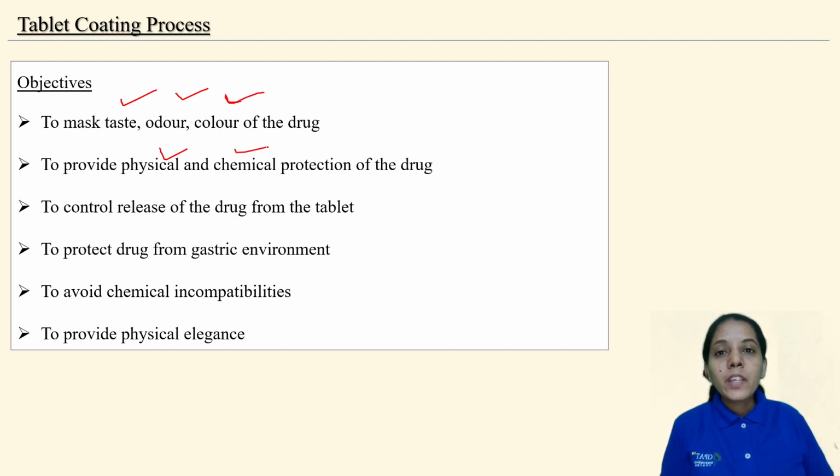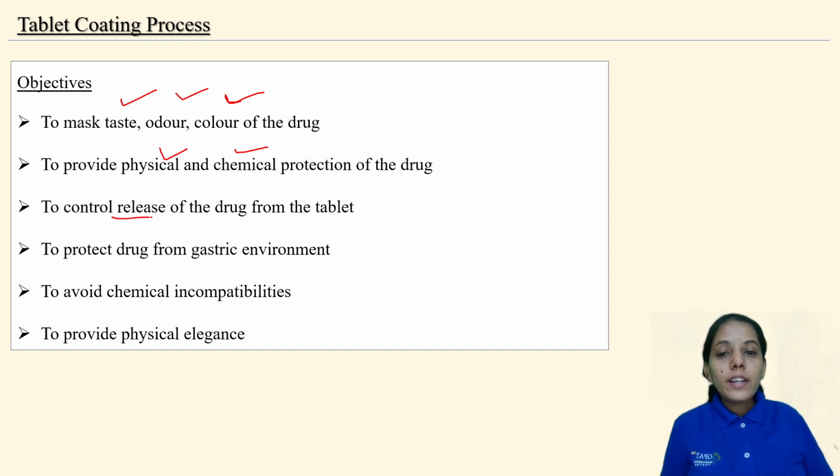For example, certain drugs are sensitive to moisture, meaning they will degrade or react when they come in contact with atmospheric moisture. So in that case we give coating to protect from physical and chemical degradation.